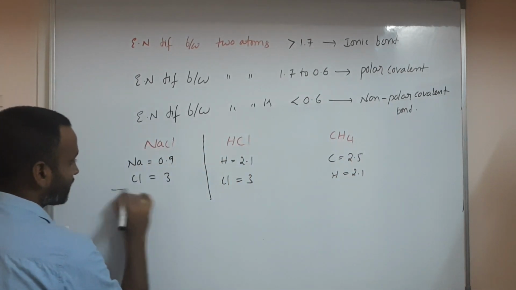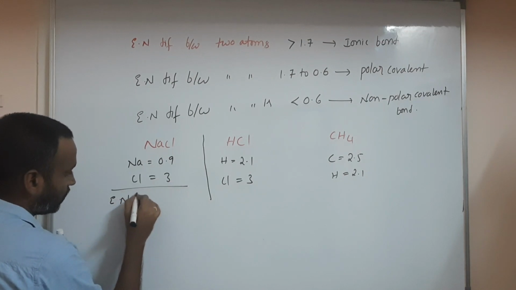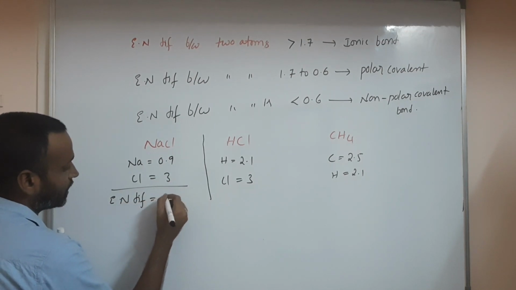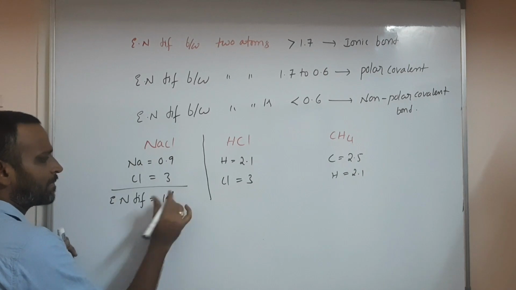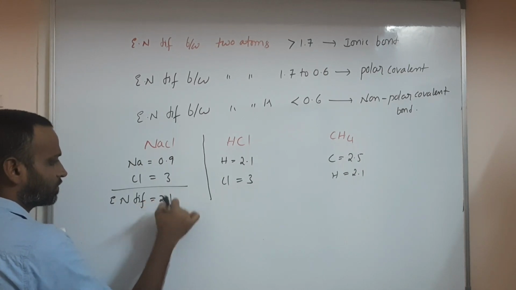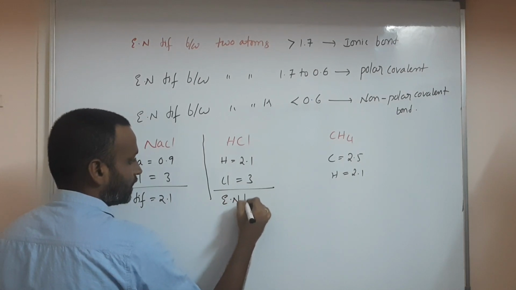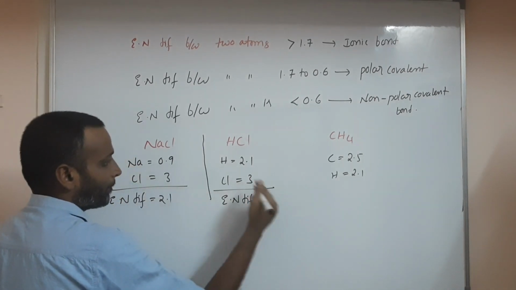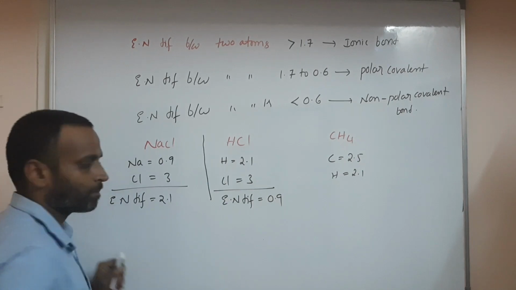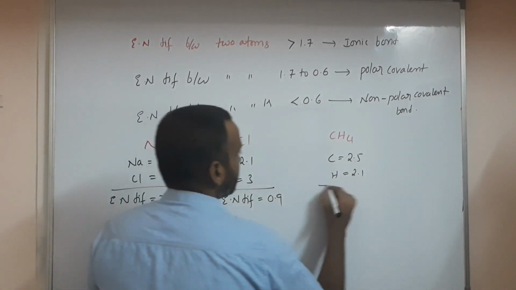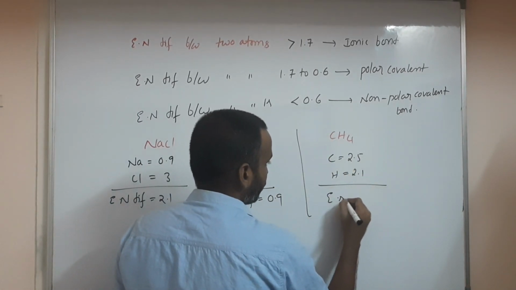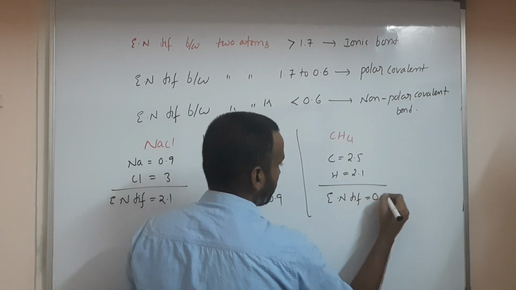If you see the electronegativity difference, it's 2.1 here. Here the electronegativity difference is 0.9, correct? And here the electronegativity difference is 0.4.